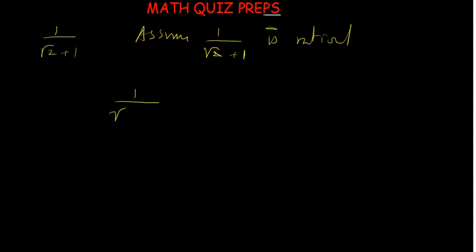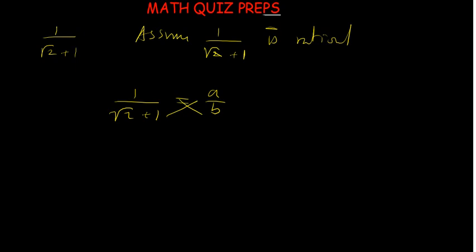So now we are making an assumption. Assume 1 over root 2 plus 1 is rational. So if it is rational, it means 1 over root 2 plus 1 can be written in the form a over b. Okay. So at this stage we can cross multiply.